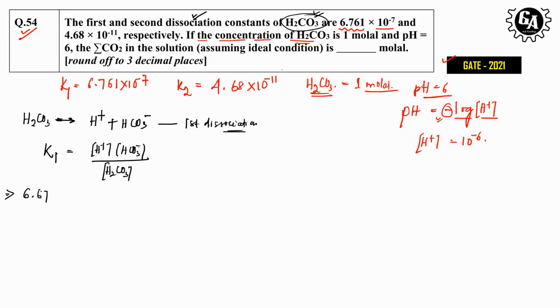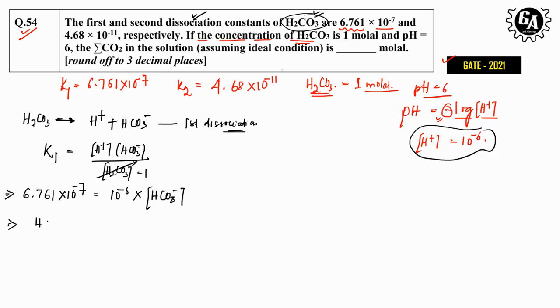In the question it is already given that the first dissociation constant is 6.761 into 10 to the power minus 7, which is equal to the H plus concentration, which from the pH value we have found to be 10 to the power minus 6, into HCO3 minus, which we have to calculate, because the H2CO3 concentration will be 1.